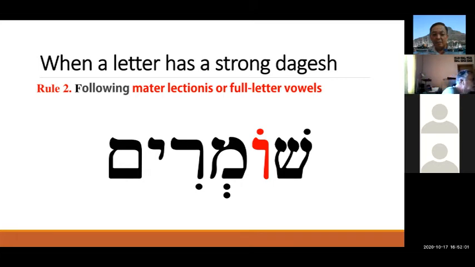I think there's a slight mistake here. When it follows a beta lectionis, this becomes a vocal schwa. Now this other line I think we should just cross out, because when I prepared the PowerPoint, I forgot to remove this. So now let's look at the next slide.